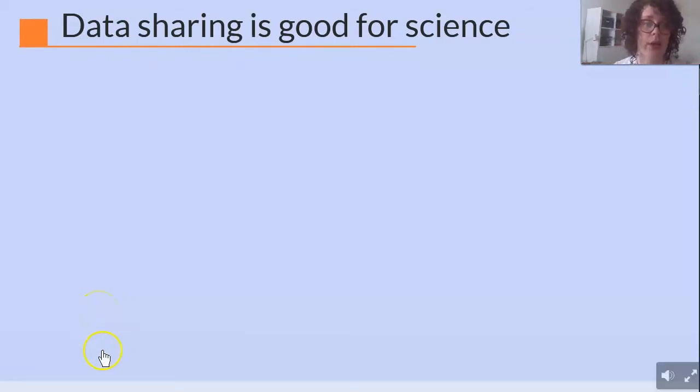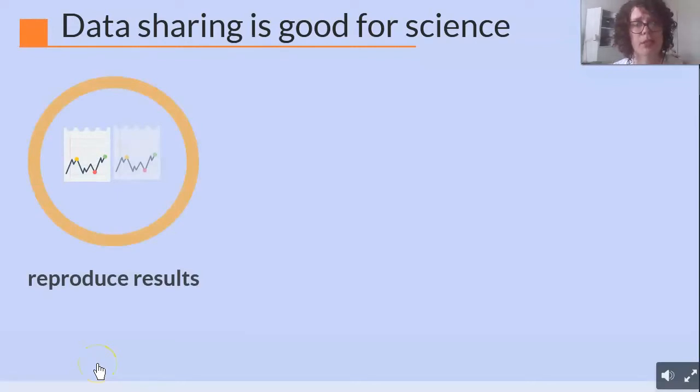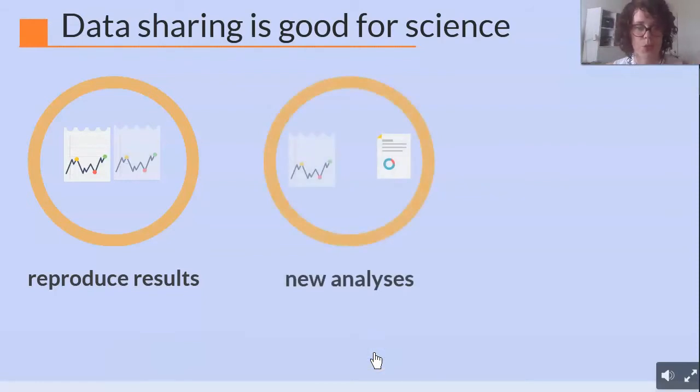So first of all, data sharing is very helpful in reproducing results so that you can make sure that your colleagues get the same results as you, but also data sharing is useful to do new analyses, so test out alternative hypotheses, find better ways of visualizing data maybe.